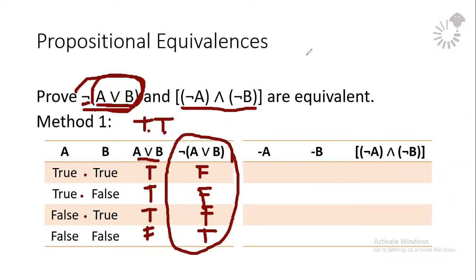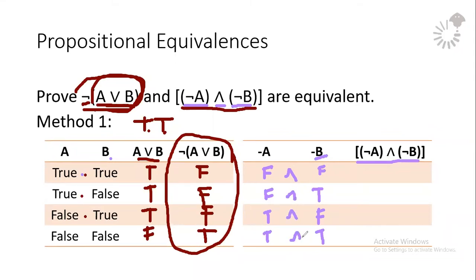Let us execute the second statement. Negative A, negative B, tapos conjunction. Negative A, ito yung value ng A. So, not A is false, false, true, true. Not B, this is the value of B: false, false, true, true. Now the conjunction of the two values.